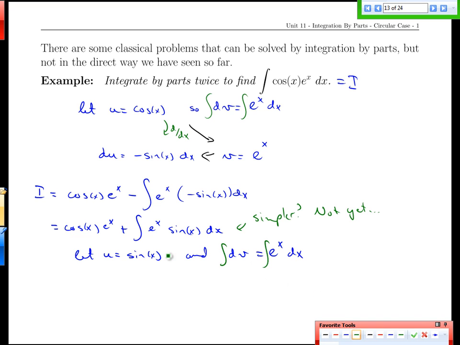If we do our same analysis, take the derivative, take the integral, du is going to be cos of x dx, and v equals, again, e to the x. Okay, so our original integral is equal to e to the x cos x plus all of this stuff here. Let's write that on the next page.